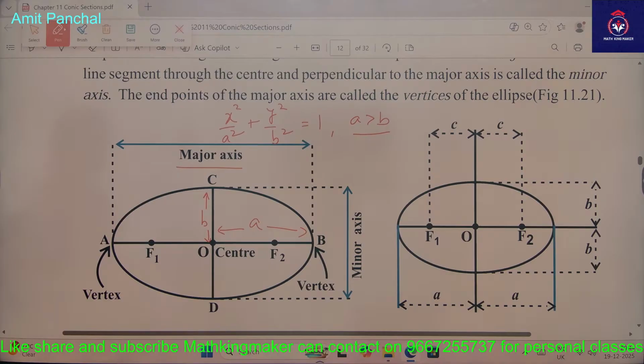The greater one is the major axis and the smaller one is the minor axis.